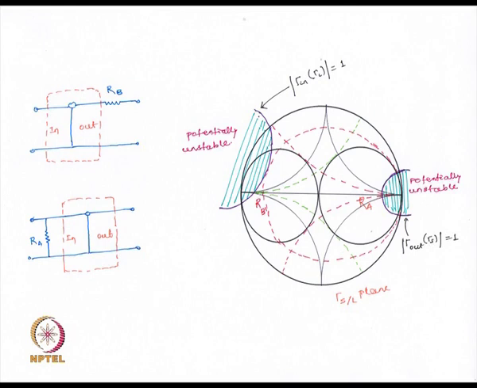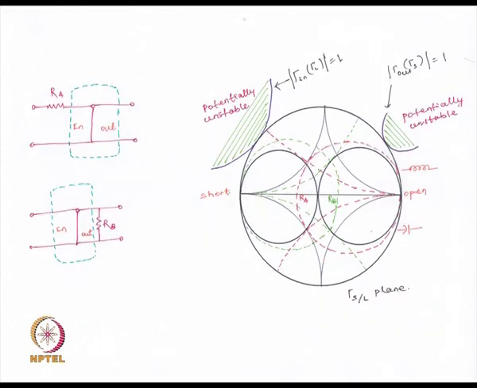Then if we connect Rb in series at the output or 1 upon Ra in shunt at the input, any one of these has to be done, not both. Even in the earlier case, when we were connecting series resistance at the input and shunt resistance at the output, any one of the two has to be done.